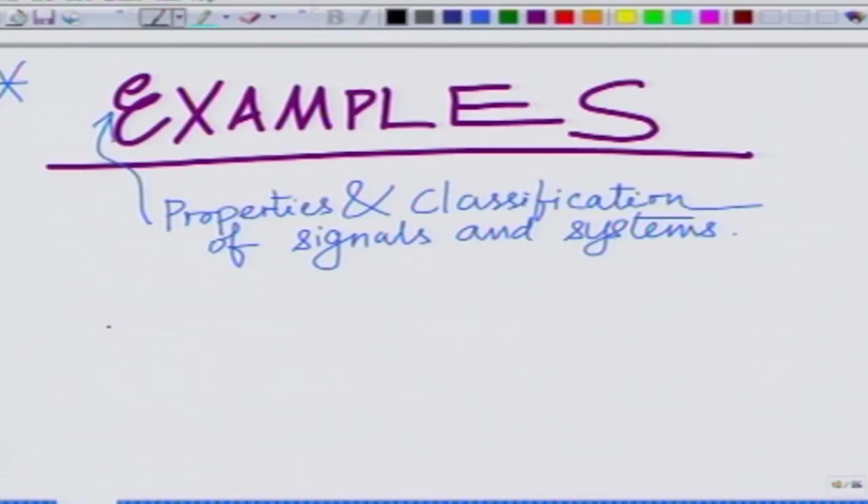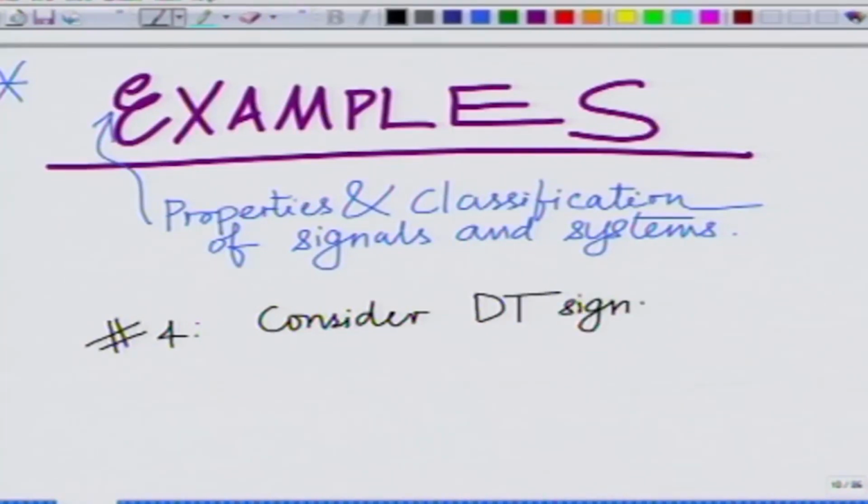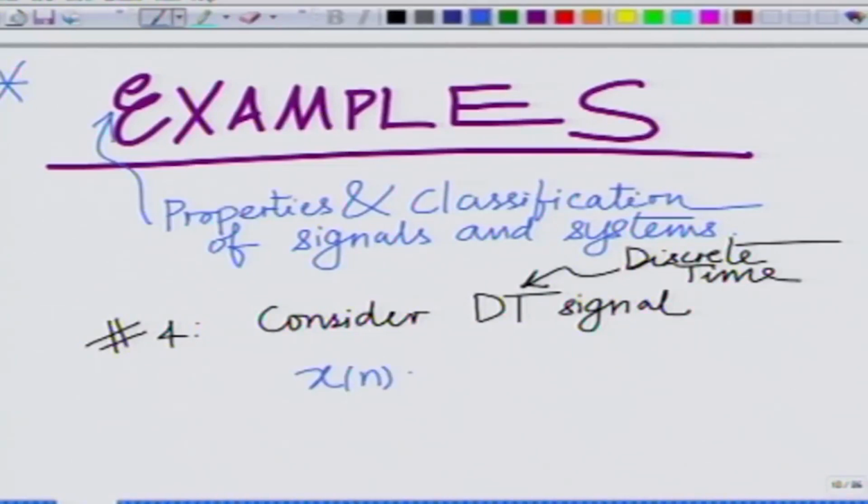So, let us now consider the concept of an energy signal. So, let us consider a discrete time signal, that is convenient. So, this is a discrete time signal x n equals alpha n u n.